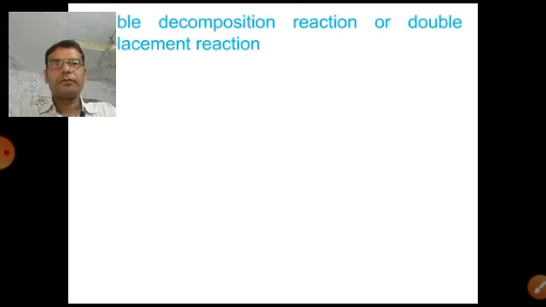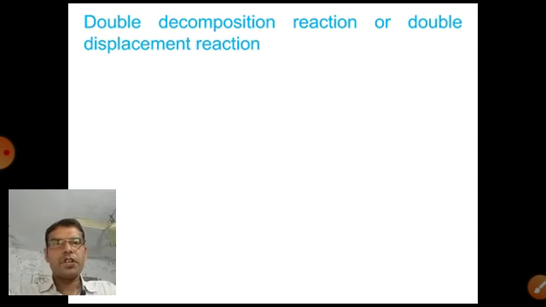Now the next reaction is the double displacement reaction or double decomposition reaction. This is the fourth type of reaction given in chapter 6 of your book.